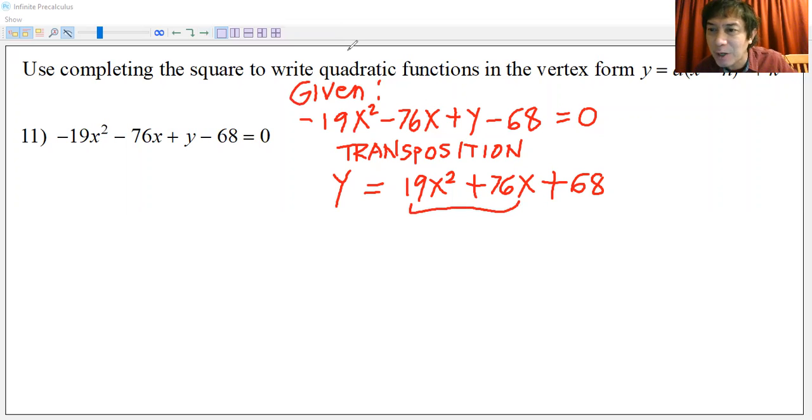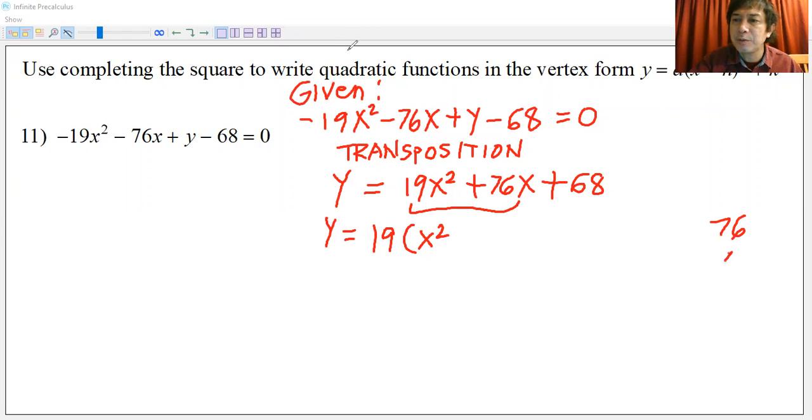Our factoring starts with 19. 19 goes out of the group, and this will now be 19 times x squared. What is 76? 76 is 4 times 19.